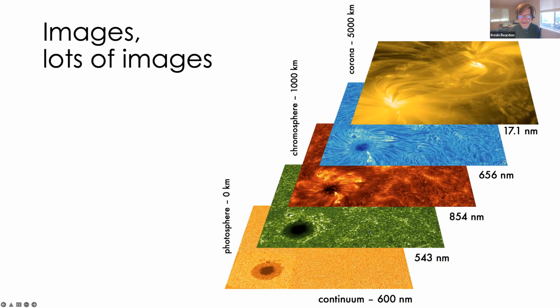But the goal of this effort is more looking at the feature extraction of small scale structures, high resolution images from the ground, from space, whether that's the IRIS or other space NASA missions as well. Solar Orbiter will have a lot of high resolution imaging as well.